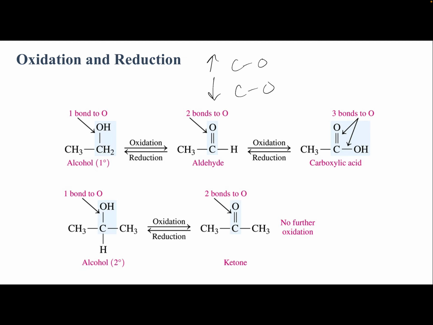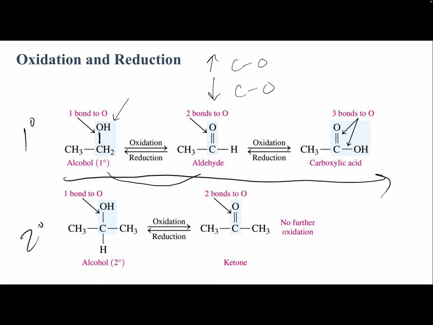So you can see here with a primary and a secondary alcohol, in this direction is oxidation. So where our primary alcohol had one bond to an O, when we move over here to the aldehyde, you see now it has two bonds to an O. So it had to lose one of its H's. And that's how it does it.